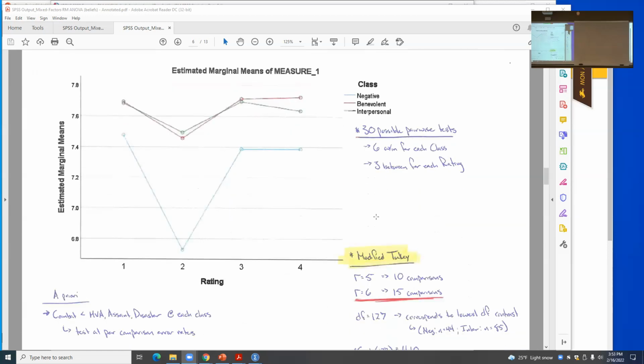And then if we take a look at our plot, what are we seeing here? Blue is our negative, red is our benevolent, and green is our interpersonal. Vignette 1 is car accident, vignette 2 is combat, vignette 3 is sexual assault, and 4 is disaster. What are we seeing in this profile, Allie?